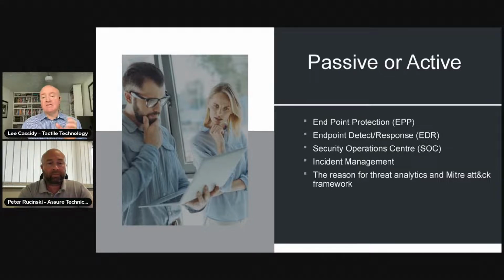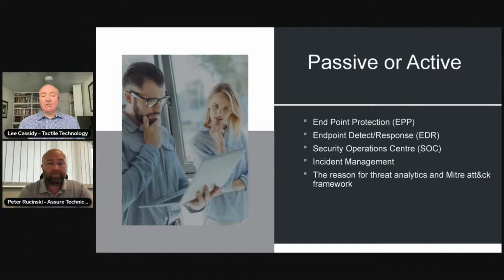Whatever it is, it's an endpoint in this term, and it's got some basic protection because you're effectively identifying if there's malware dropped on that machine, whether it's coming through email or downloaded. And you've got this personal firewall to block people coming in from the outside world onto the system through things like remote desktop and other remote services that might be available on that system. So that's endpoint protection.